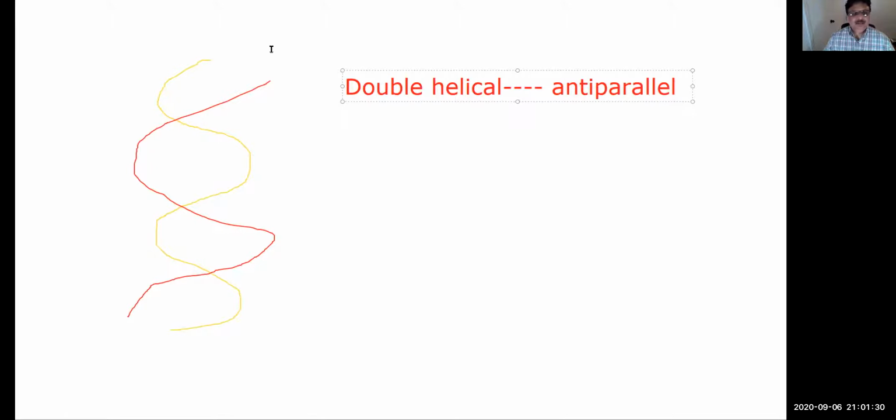What is meant by anti-parallel is that one strand, the yellow strand, goes from 5 prime to 3 prime.